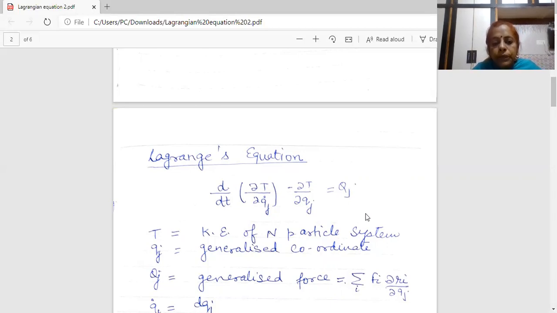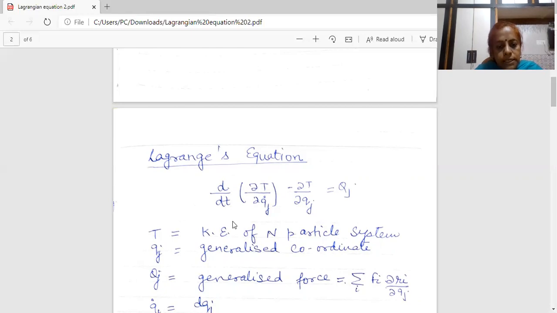Later, D'Alembert formulated mathematics in such a way that force of constraints do not appear in the picture. So using D'Alembert principle and generalized coordinates, Lagrange's equation was derived, which I have dealt with in my last lecture.